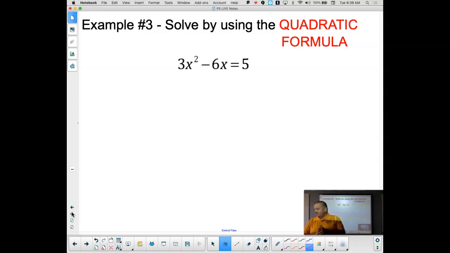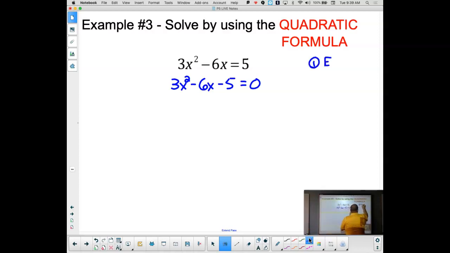Our next one is using the quadratic formula. Couple of things when you're using the quadratic formula. First off, you've got to have it equal to 0. The equation's got to be equal to 0, and preferably in standard form, ax squared plus bx plus c.